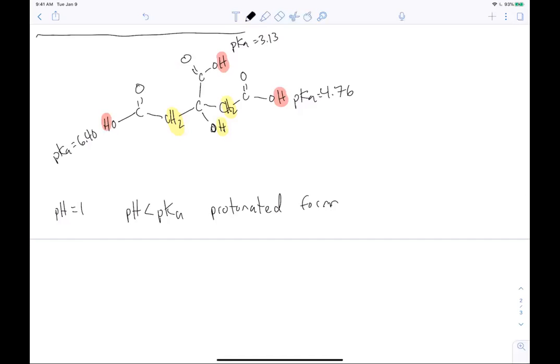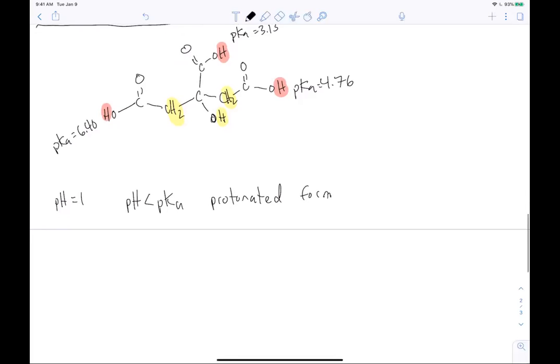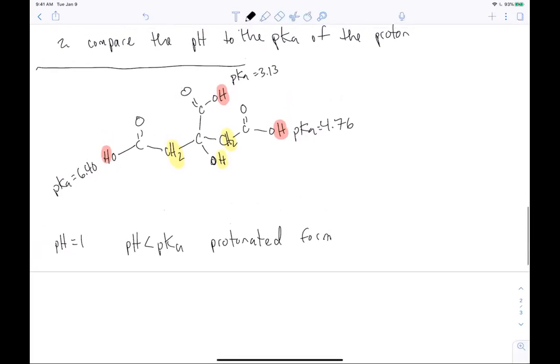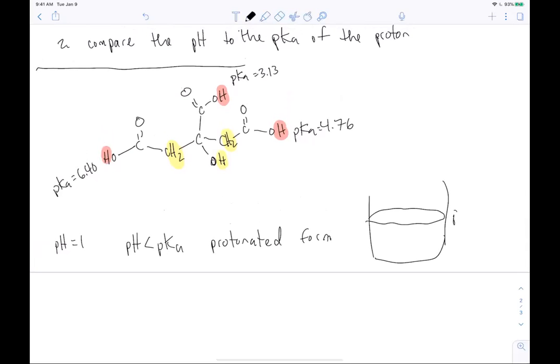It's hard to demarcate these different things. Yeah, so they're all in their protonated form. If my pH is equal to 1, so I'm looking at a solution here, the pH of the solution is 1. What's going to be the form of citric acid in here?